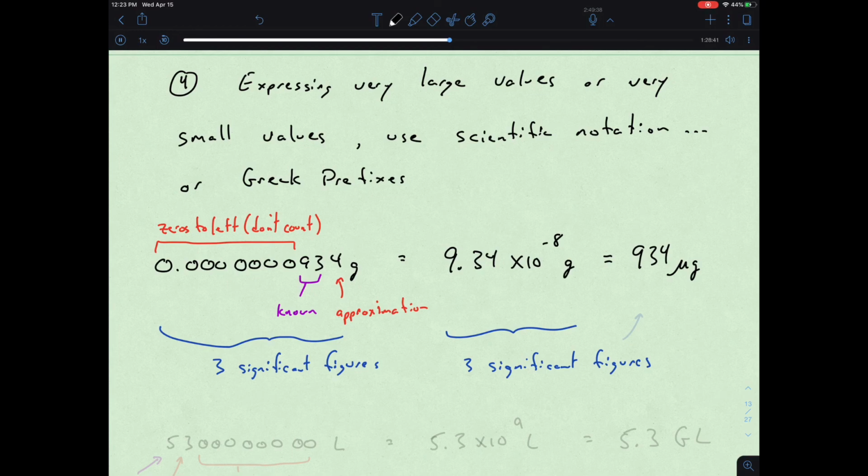Again, still has that notion of 3 significant figures.